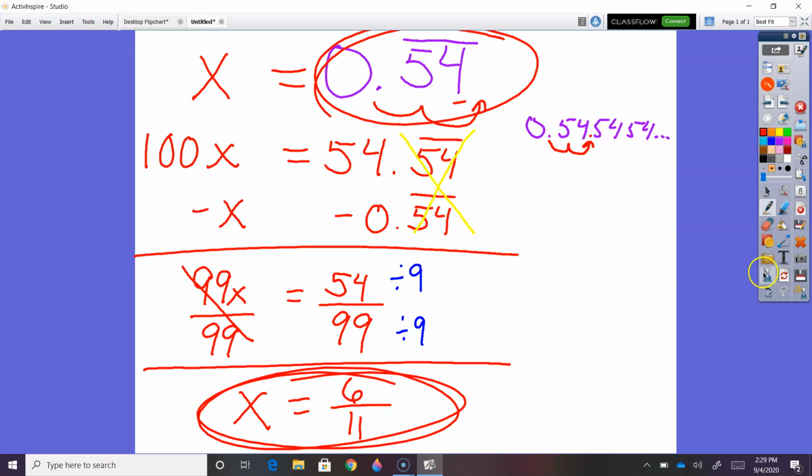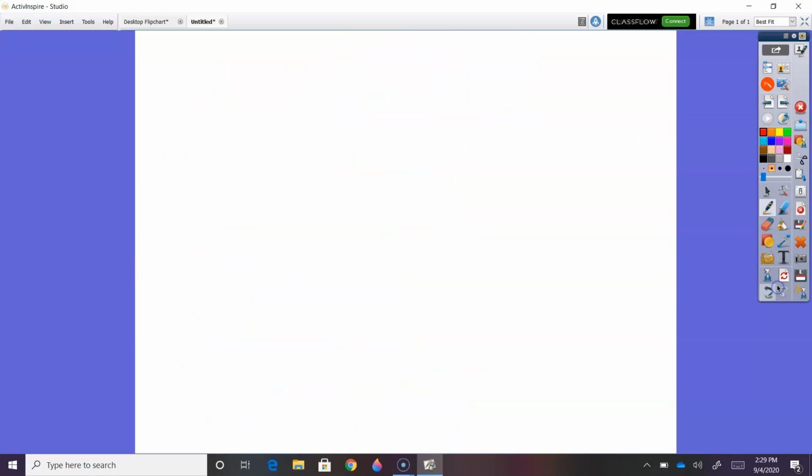Another type of example is if we have 0.83, but only the 3 is repeating. I'm going to set this equal to x, and I'm going to solve the equation.